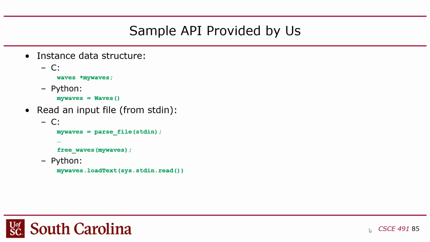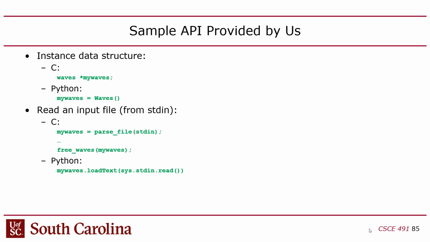So in C, we have a structure called waves. You declare a handle to waves, and then you initialize waves by saying parse file, but you don't actually give it a file. This is a little bit confusing. You're going to give it standard in. Why?